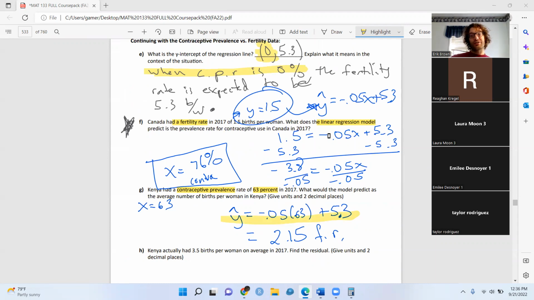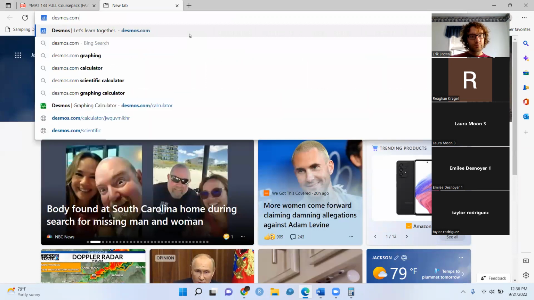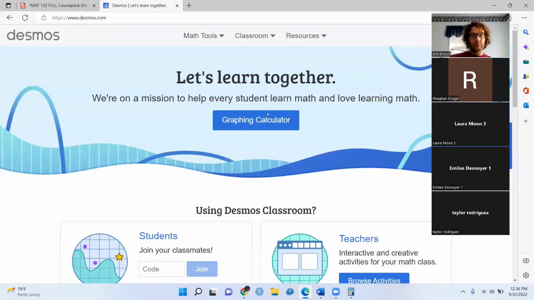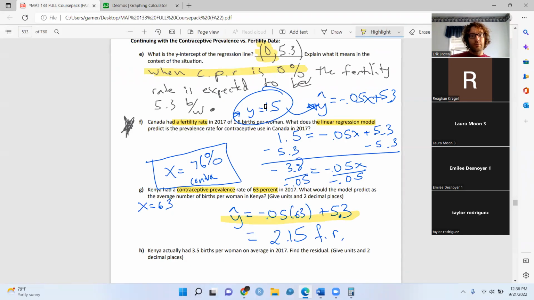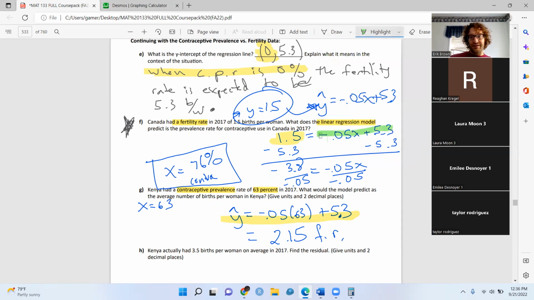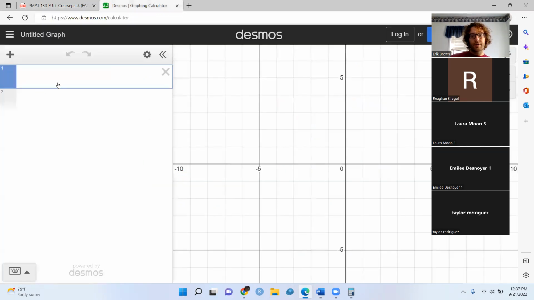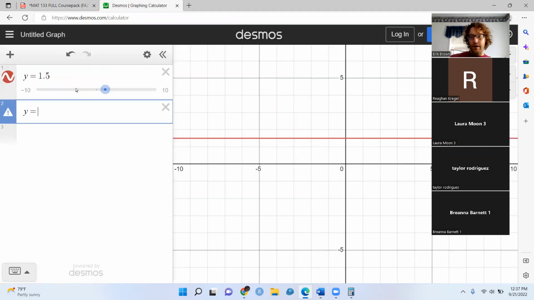I can show you a trick to solve these. I don't know if it's a trick. I can show you how to solve them graphically. So we've got these 2 things, right? One side of the equal sign is this, and the other side of the equal sign is this. So in Desmos, we could graph y equals 1.5 and y equals negative 0.05x plus 5.3.